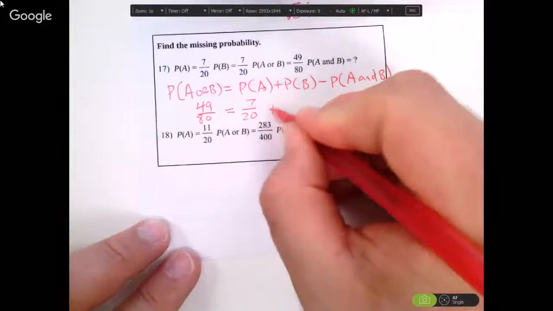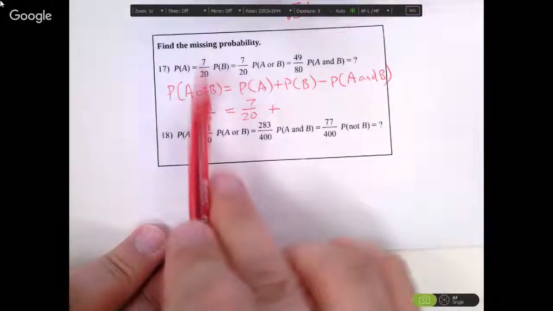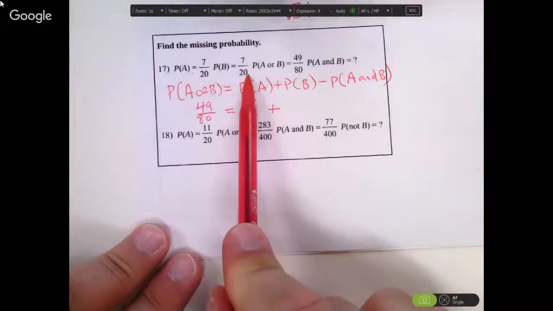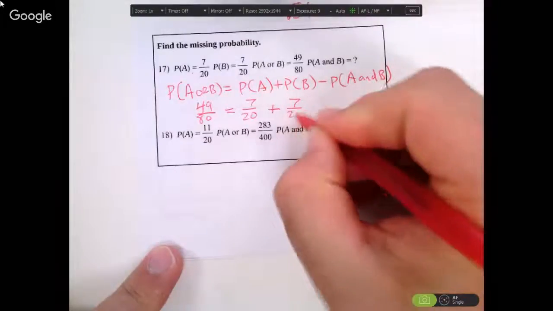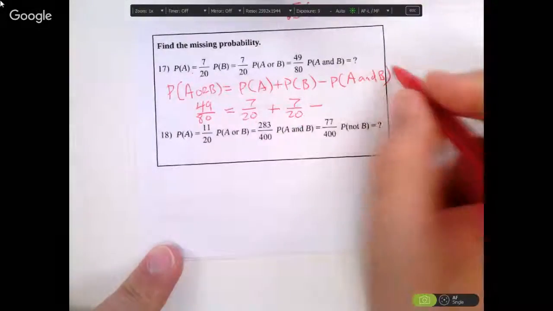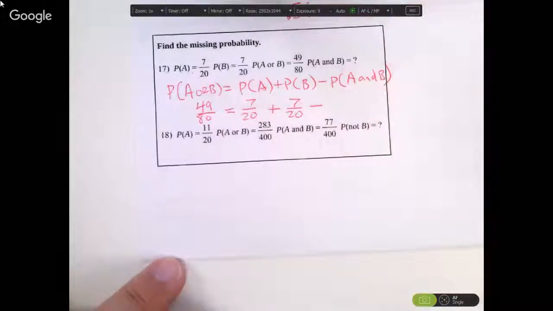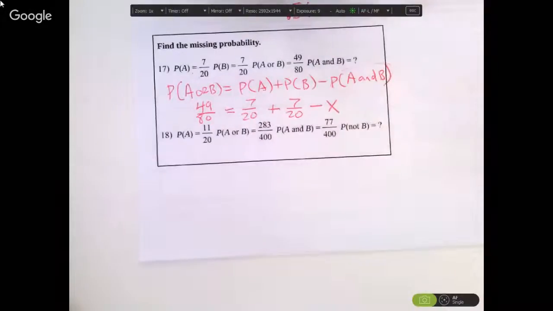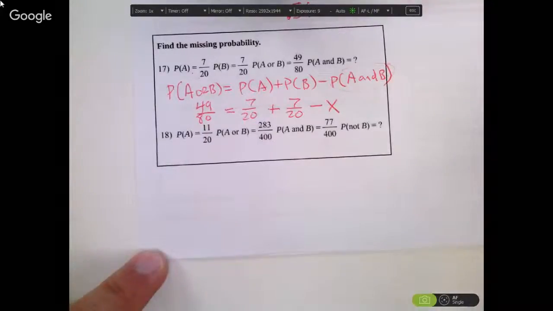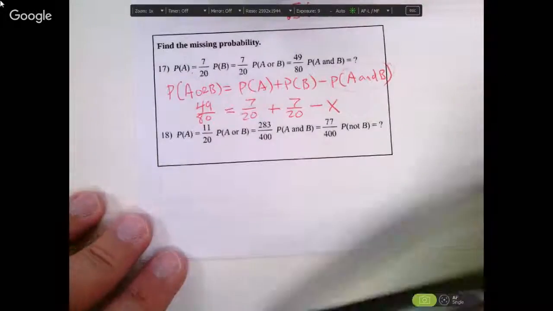And the probability of B is given right there. Minus, this is what we're looking for. I'm not going to write that ugly thing, I'm just going to put an X there. 14 over 20. So X is the answer. That's what I'm looking for.